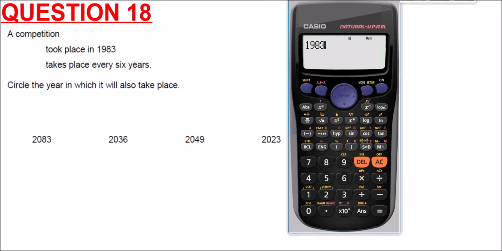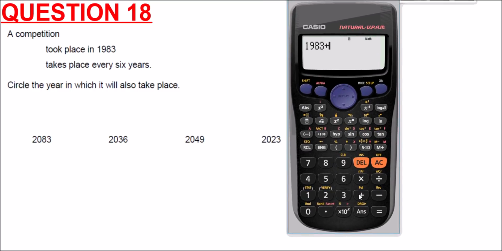Because competitions are going to take place every 6 years, we can keep adding 6 until we find a year which is one we need to select. So plus 6, 1989. No, we need to keep going again and again. 2019, still not close. 2025 it would have taken place.